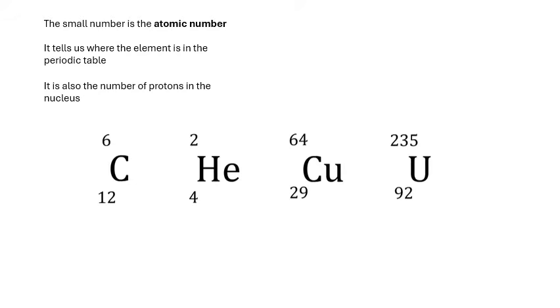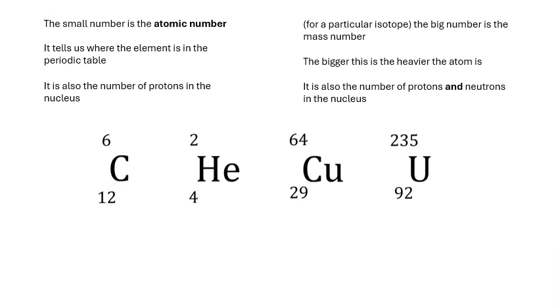So carbon has got 6 protons, helium has got 2 protons, copper has got 29 protons. You notice the last 2, I put the little number at the bottom. Maybe I should have done it the other way around, but it doesn't matter. The small number is the atomic number, the number of protons. In A-level physics, we call it the proton number.